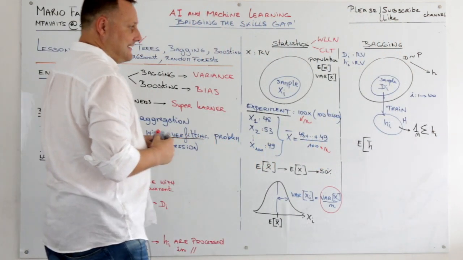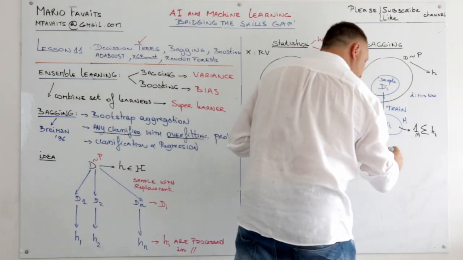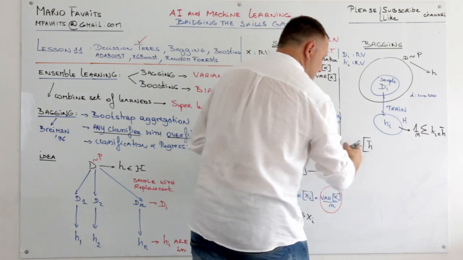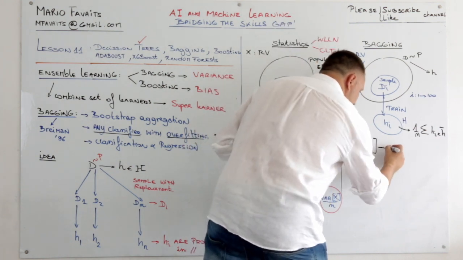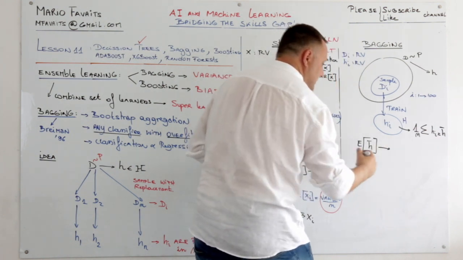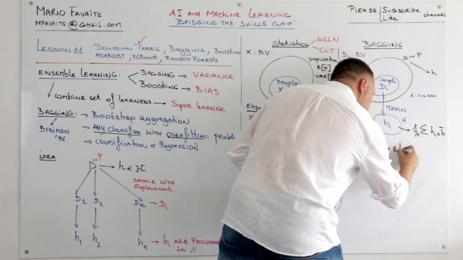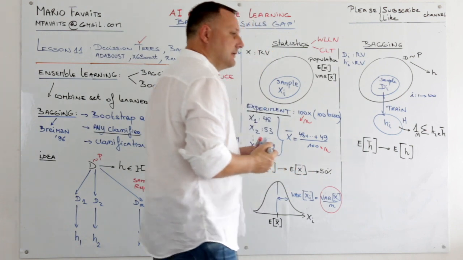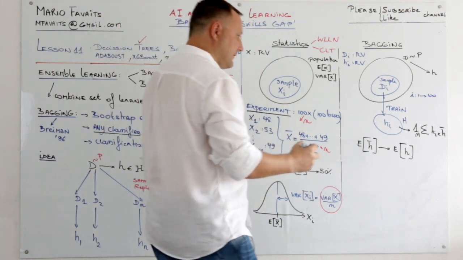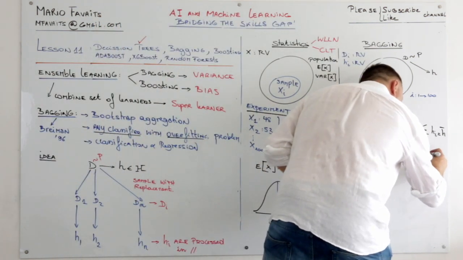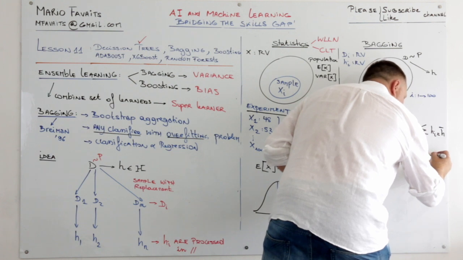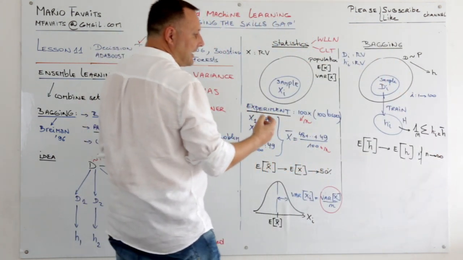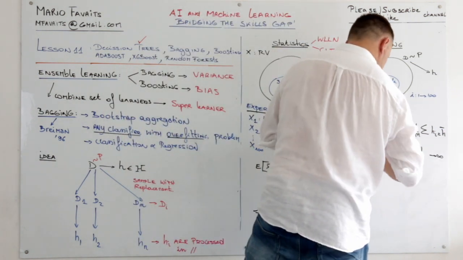That's the mean. The expected value of that, so let's call this H bar, gives you the expected value of your population, if n goes to infinity, or when I goes to infinity.